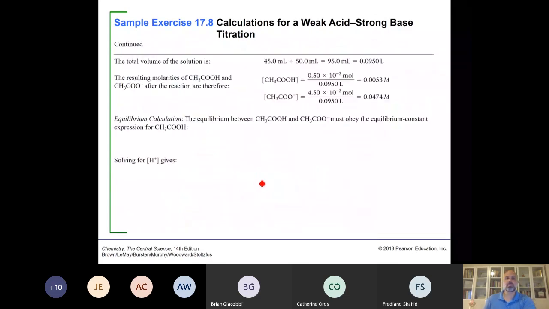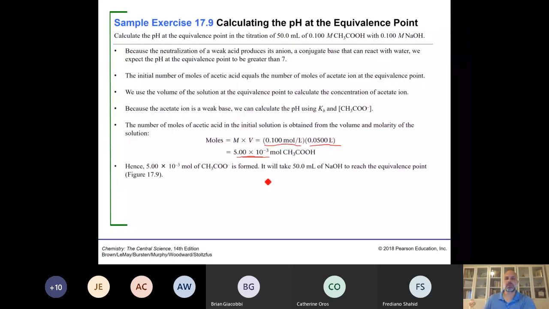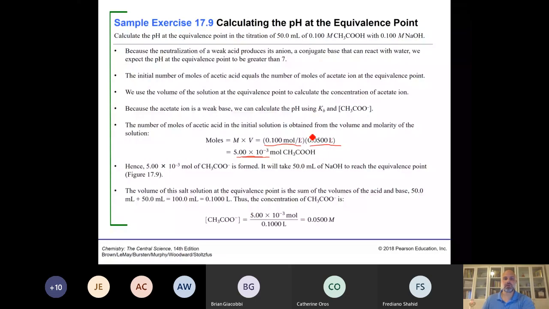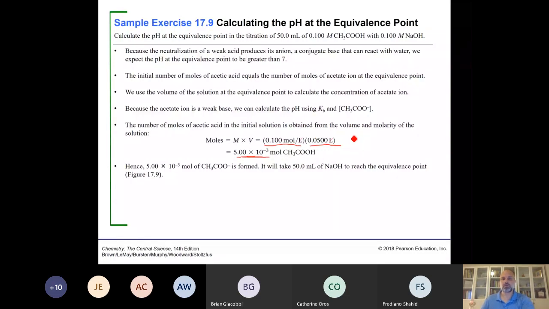If we set up this table just like that, we would have our before, our change, and our after. Before, we're looking at our CH3COO minus and our hydroxide.